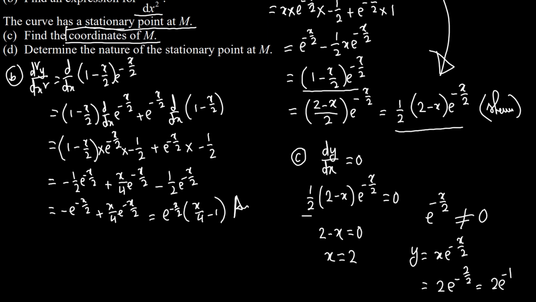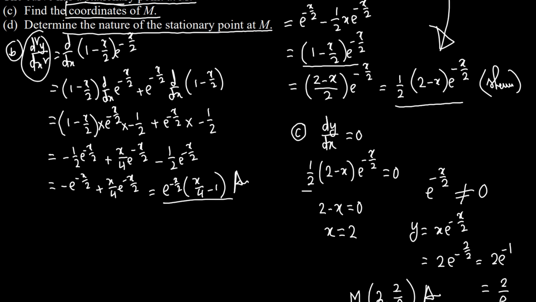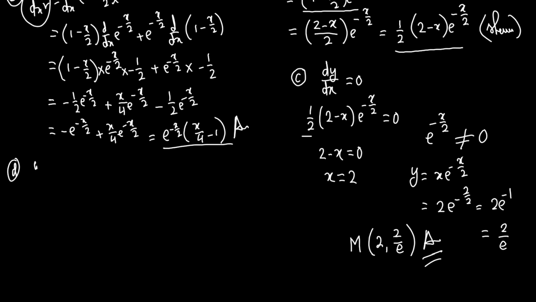Now we are at the last question: determine the nature of the stationary point at M. To see the nature of the stationary point, we need the double differentiation. We already have d square y by dx square as our expression. In this expression, we put x equals 2. So when x equals 2, d square y by dx square is e to the power minus 2 by 2, times 2 by 4 minus 1.